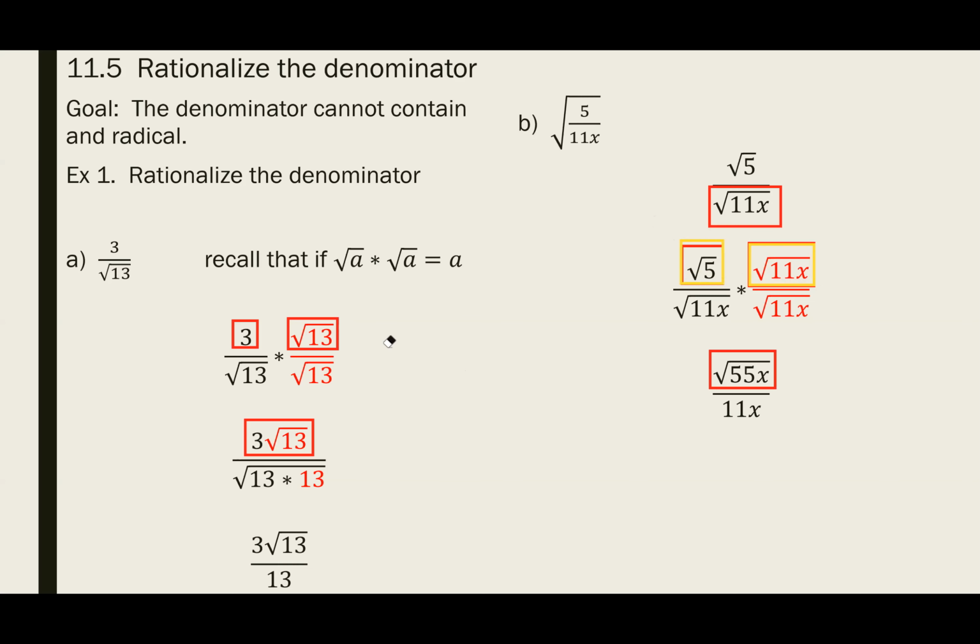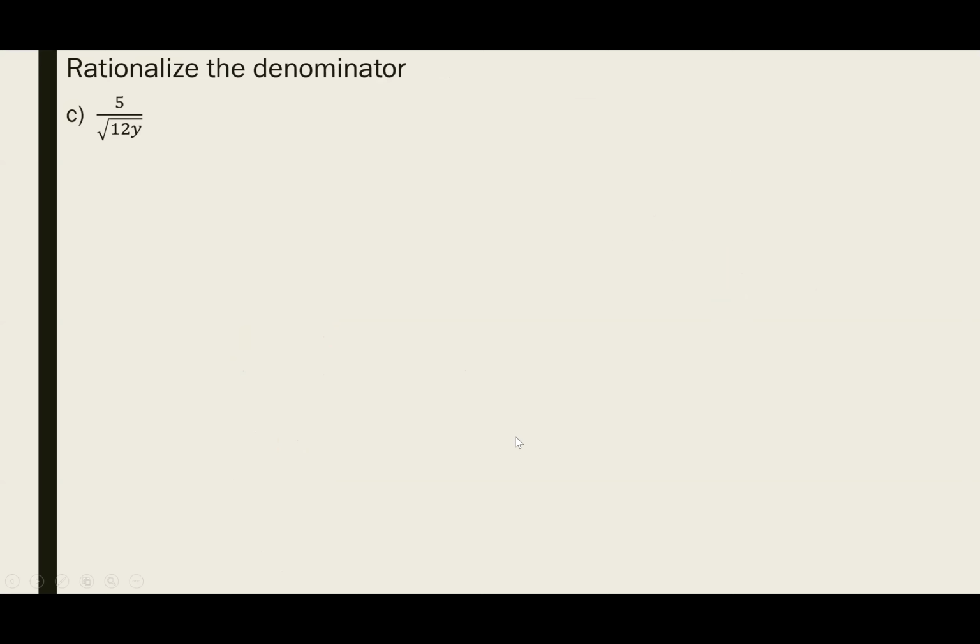So looking at this thing here, let me ask you guys, how do you rationalize this denominator? Same idea. Let's take a look at this item. If this were your problem, then hopefully you say, oh, this is easy enough.